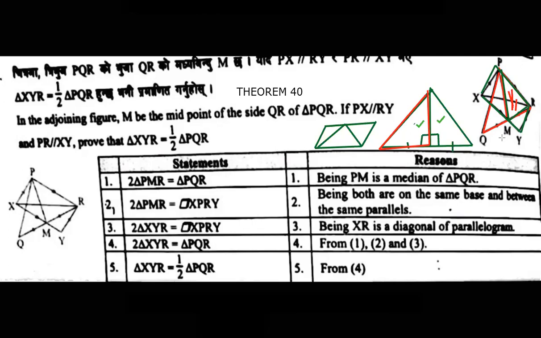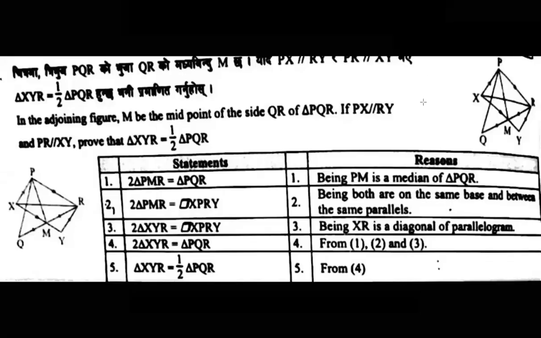Now which triangle should we focus on? Let us see one by one. Let us see which triangle. So this is PQR, and the next triangle is XYR.